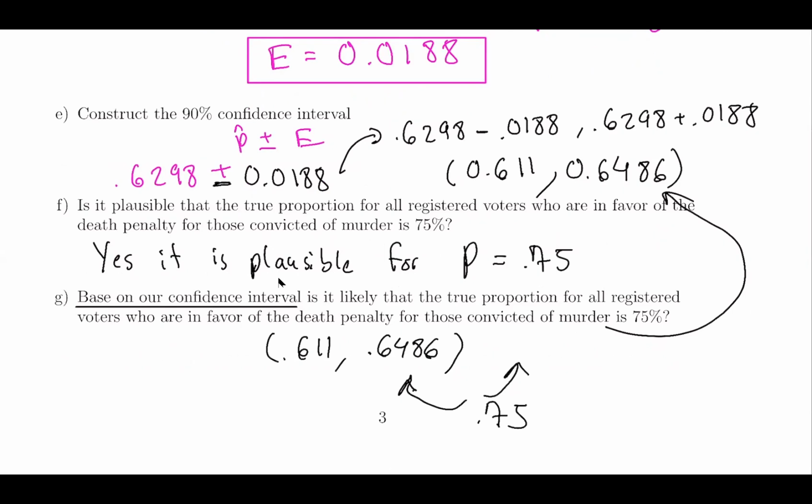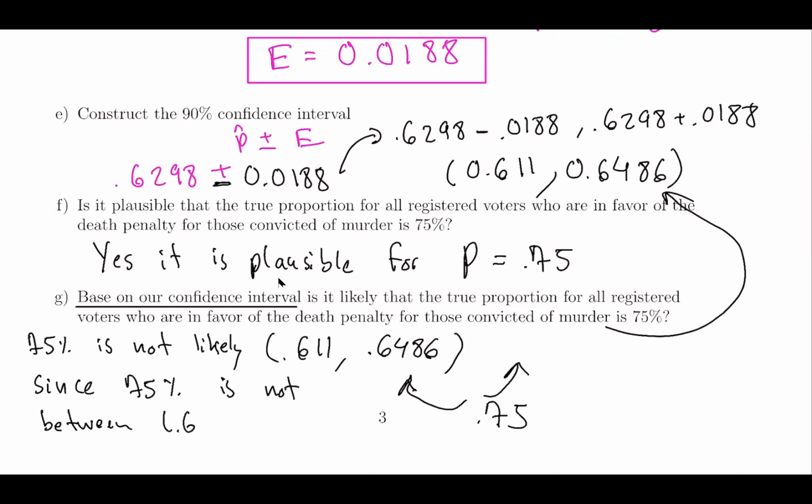So since 0.75 doesn't fall between 0.611 and 0.6486, based off of our confidence interval, we're gonna say it's not likely that 75% is P. And that's it. Any question for part G?